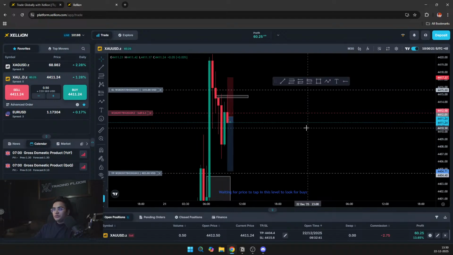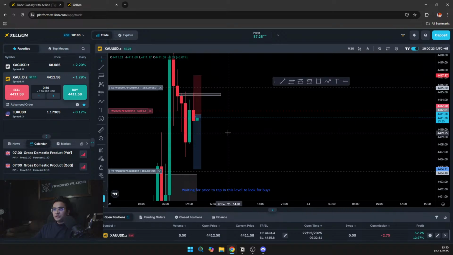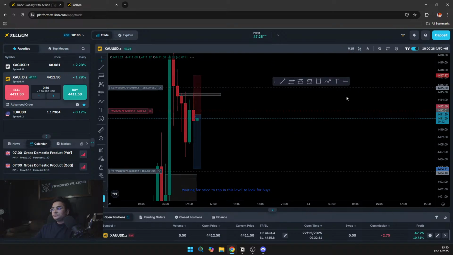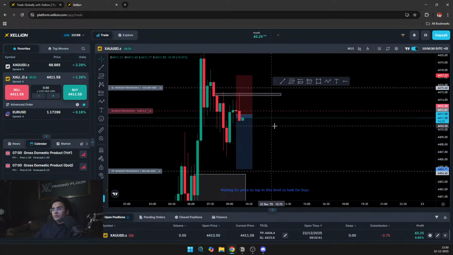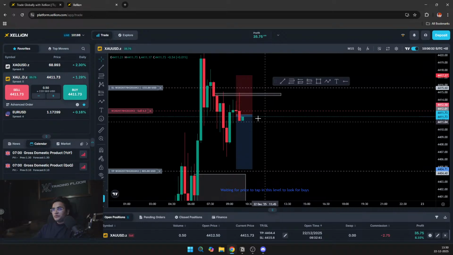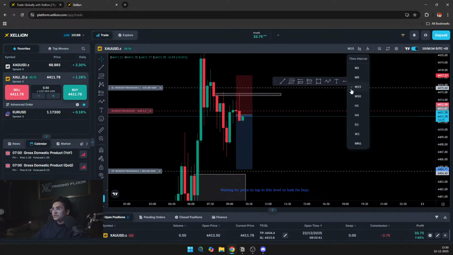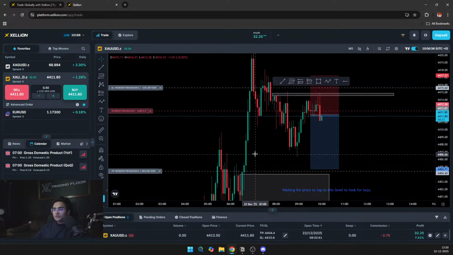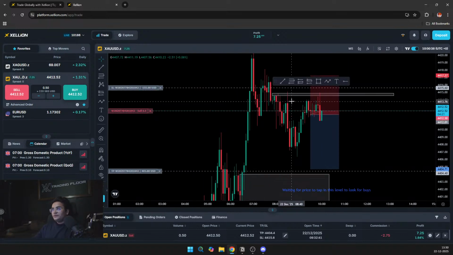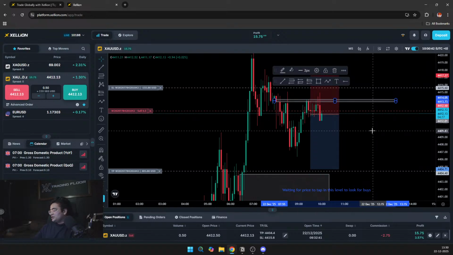Going back to 30 minute, I think we can close partials if we tap around these levels. Yeah, definitely. Once we tap around this level, then we can close full. Not even partial, full. Because if we see any rejections now, that means we are definitely moving up.